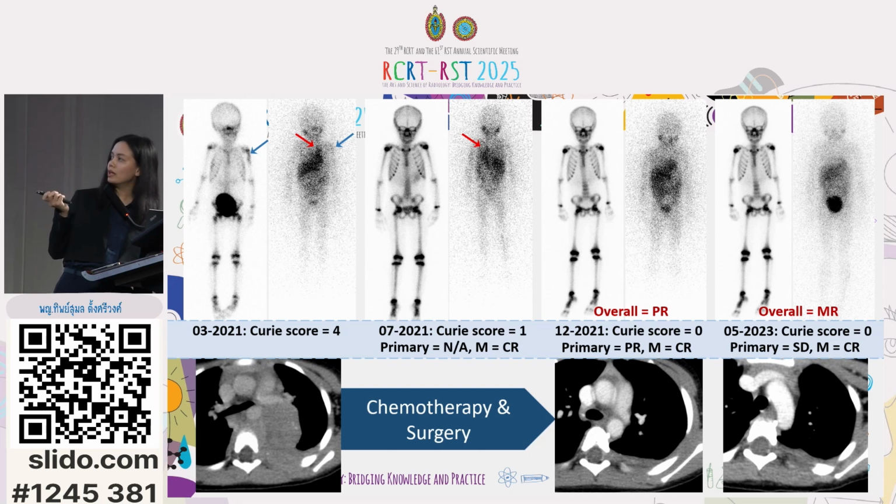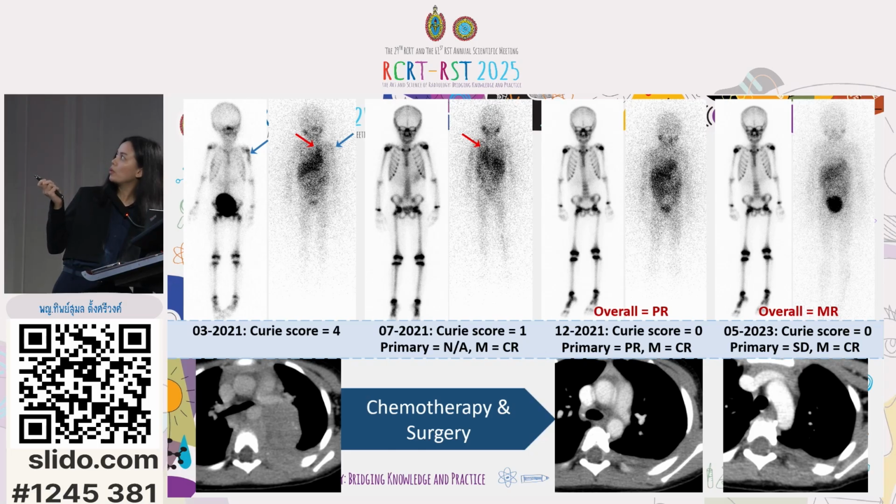After chemotherapy and surgery were complete, the primary tumor showed partial response and the metastasis remained in remission.